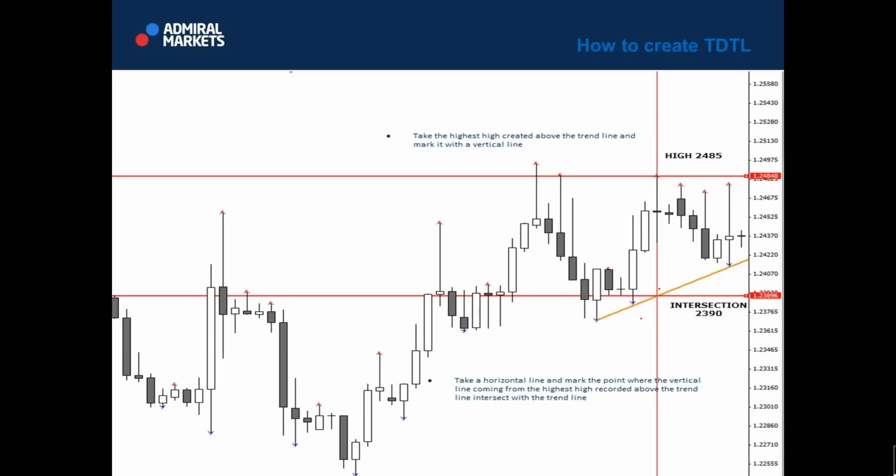When we draw the trend line, this was point 1, this was point 2, but then the movement went back, and now we don't do it like that because this is point 1, this is point 2. And the high within this price is here. It's 24.85. Then this vertical line, this horizontal line, okay.